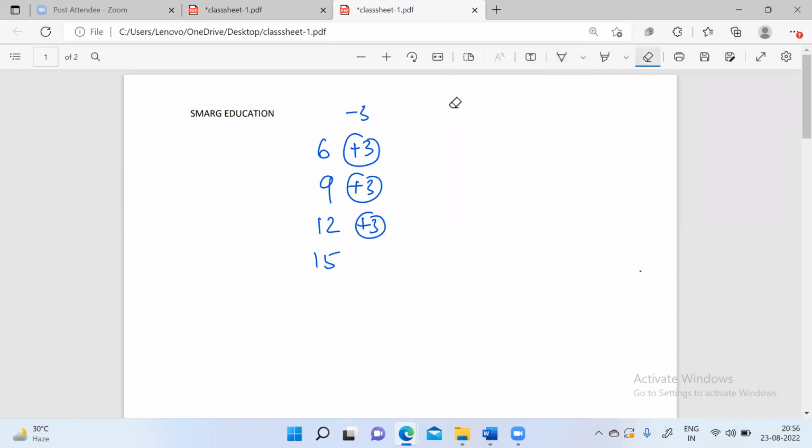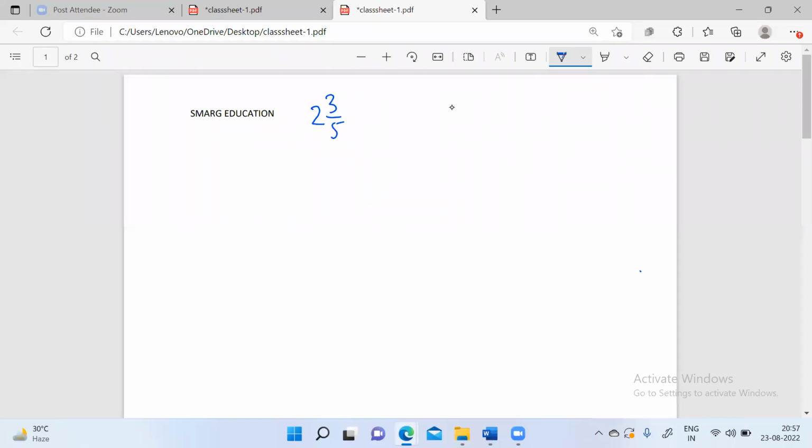So to practice the addition of mixed fractions, we have given you exercises in the books and in the sheets, like write the table of 2 3/5. So what will be the next number here? If we add 2 3/5 to 2 3/5, what will you get?